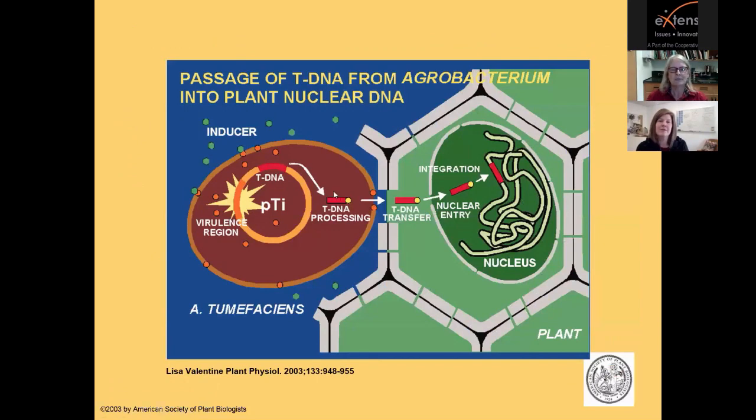Okay, I had to show you this little graphic because it's a nice representation of how crown gall occurs. We have this little guy here, which is the Agrobacterium cell, the bacterial cell, and this is a plant cell. Within the Agrobacterium cell is some DNA, which is on an extra chromosomal piece of DNA.